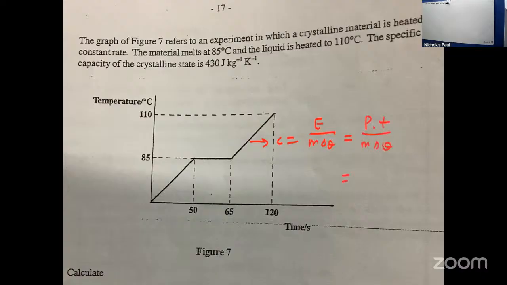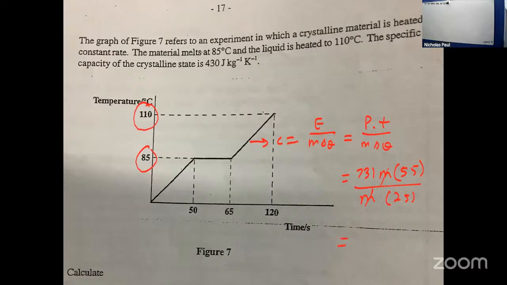What do we use for power? 731 M, and time is how much here now? 55, all over M. And what is the temperature change? 25, 85 minus 110. The masses cancel up there.